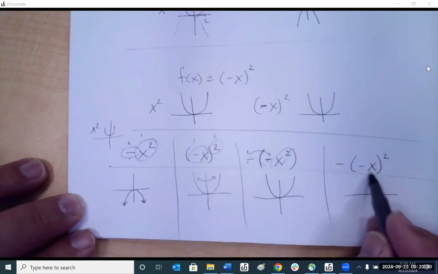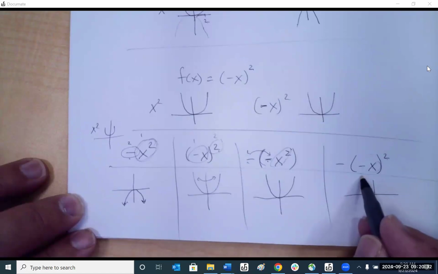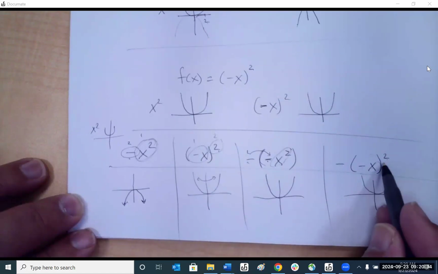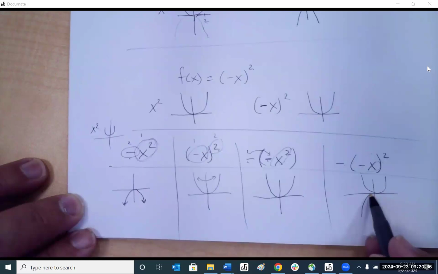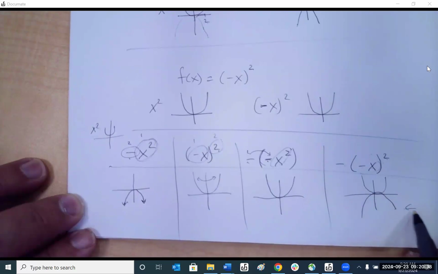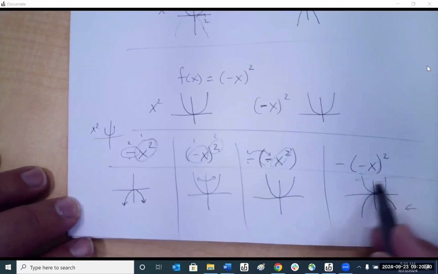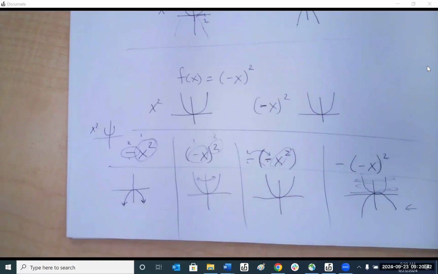Inside the parenthesis, inside the function, I do a horizontal shift. And then I do a vertical shift. So this is the final graph. Yes, negatives are going to be very, very troublesome when it comes to doing all these graphs.